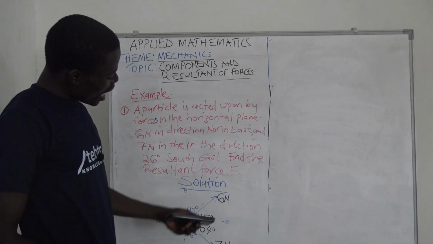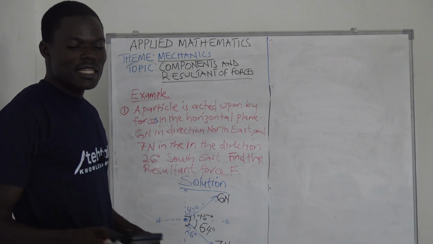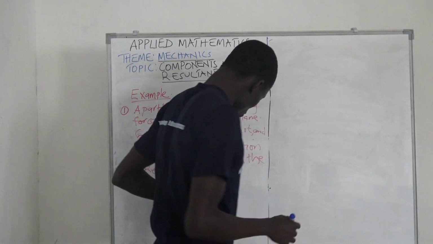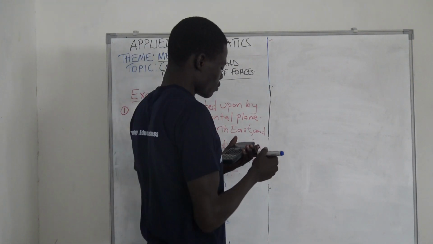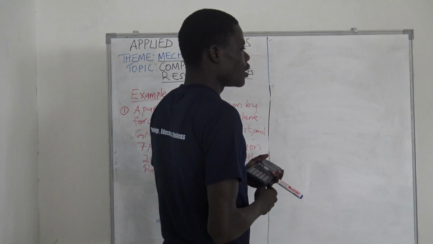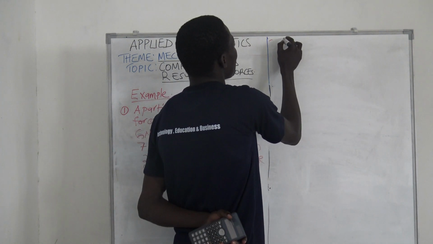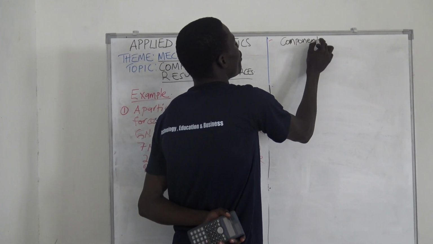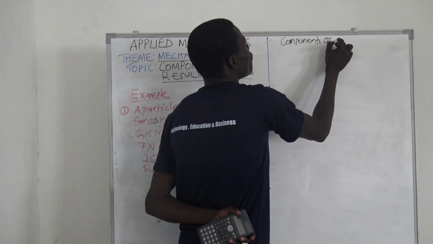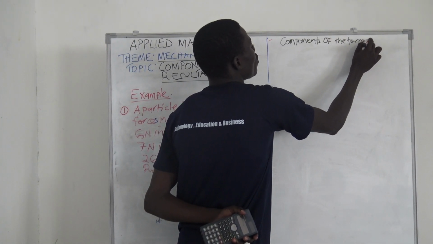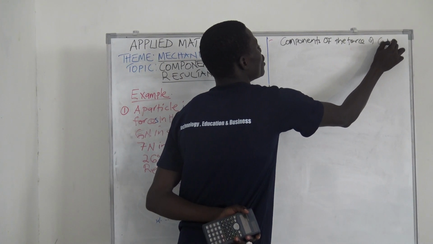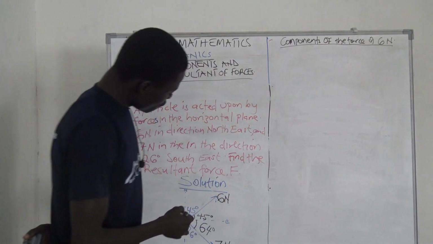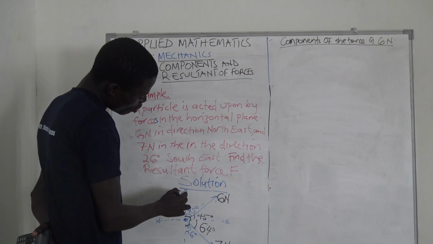So, after knowing the angles which we want, we start resolving the forces. Let us start with the force of 6 Newton. This force has a vertical component and a horizontal component.